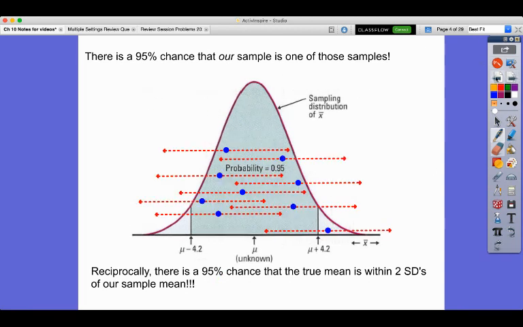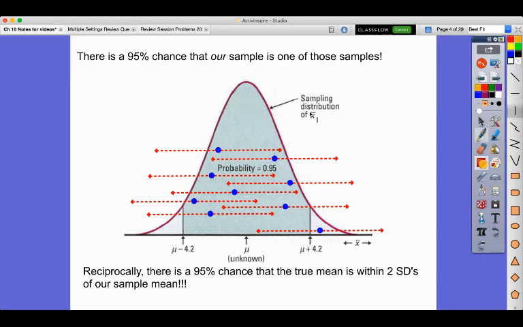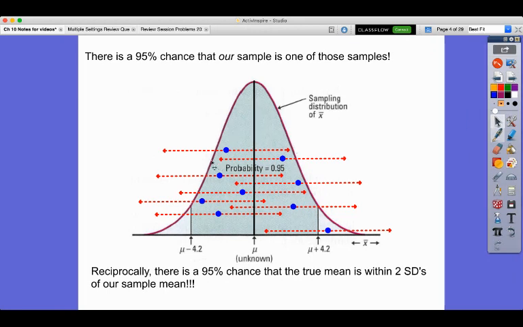What we're talking about is this sort of picture here. If this was my x bar, notice I capture this mu right here. I can make a vertical line right at mu. If I go 2 standard deviations below my x bar and 2 standard deviations above my x bar, I capture mu.